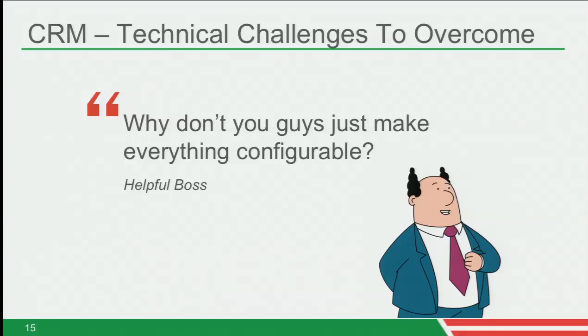And one of our bosses helpfully asked us, why don't we just make everything configurable? And so we did, or at least we tried to. And in trying to do that, we selected a couple of technologies that made it easier to do this. So that's some of the challenges.